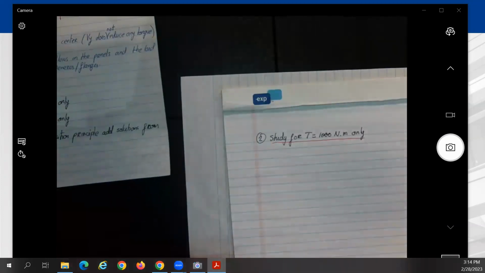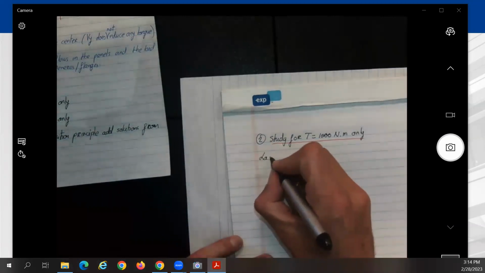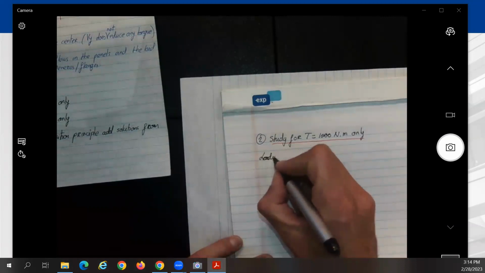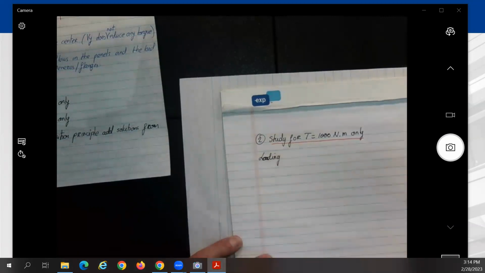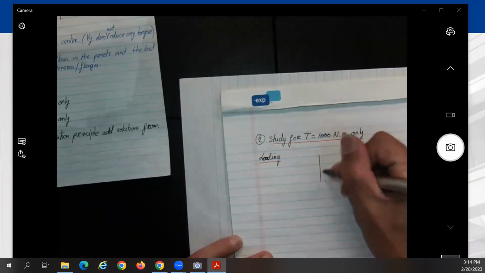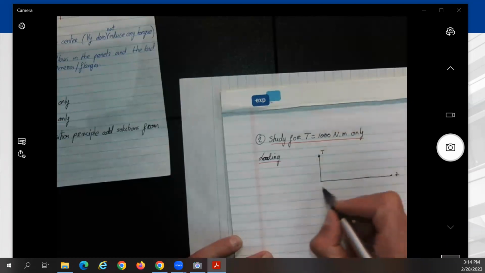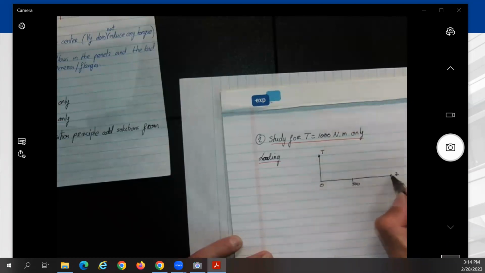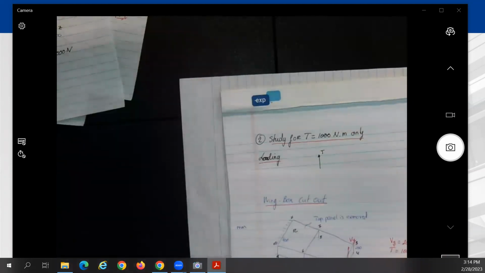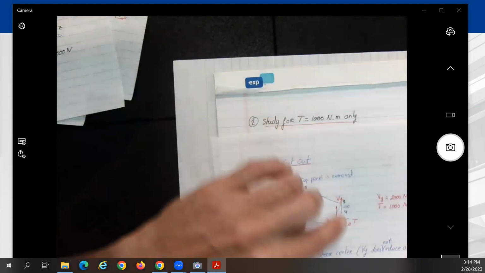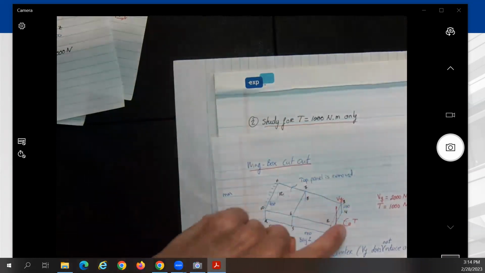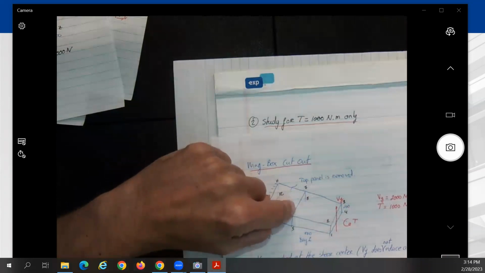Okay, so since we're talking about this, let's look first at the loading. So again, it is 0, 500, 1,000. If you have a torque being applied at the tip, what should be the value of the torque in the panel 5, 6, 7, 8? The same.